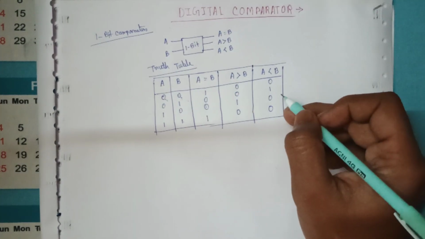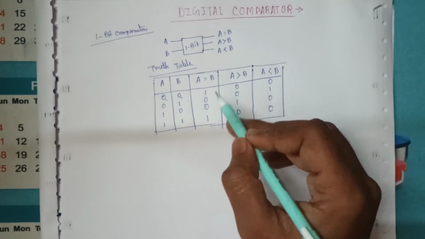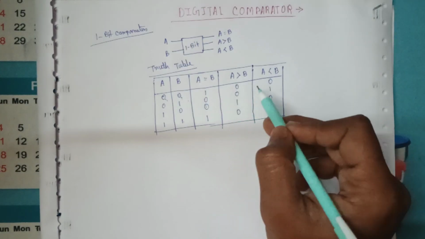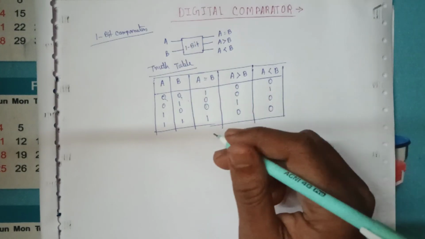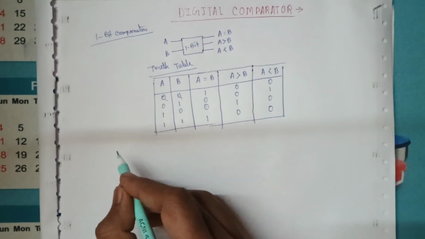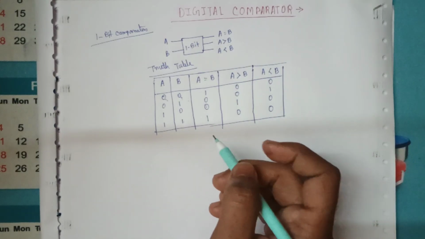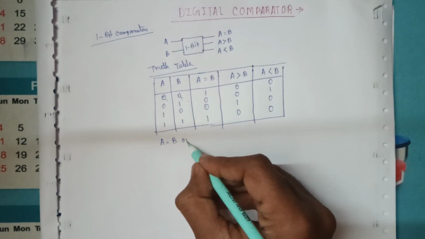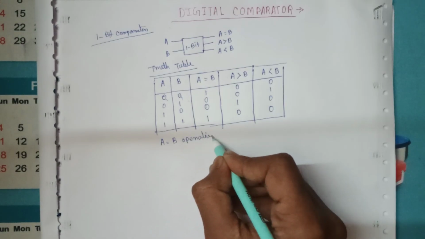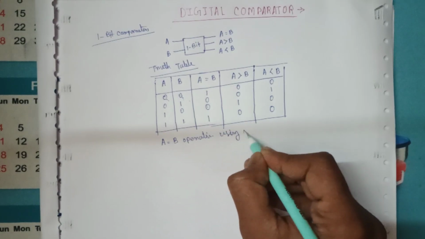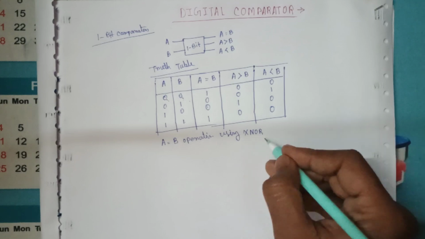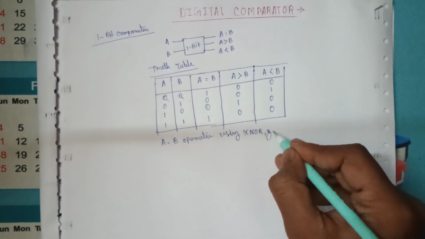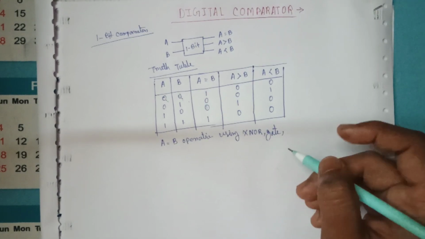Now we have to think how to implement this using our logic gates. Let's see that. We can implement this A equals to B operation using XNOR gate. Now why am I saying XNOR gate?